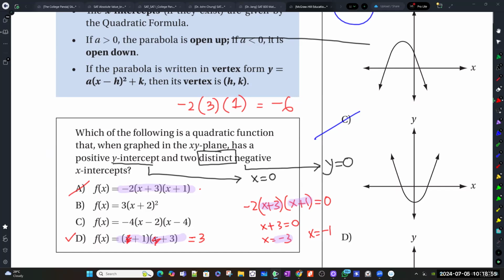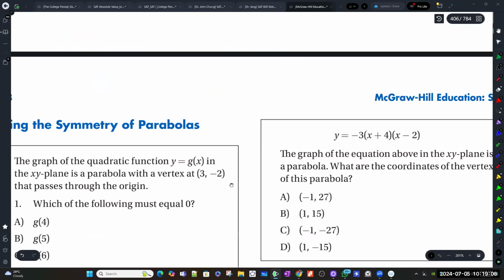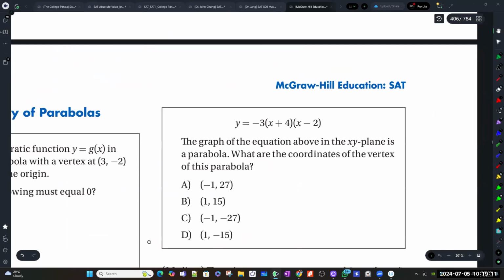Okay, so I would suggest that you do not plug it in, and that you have done enough practice that on the exam, you can just move on from one question to another. Okay.